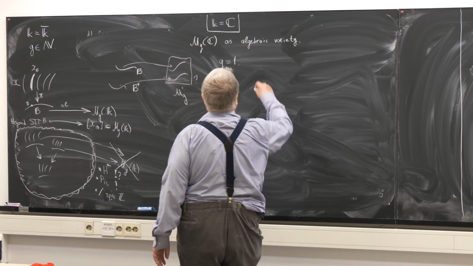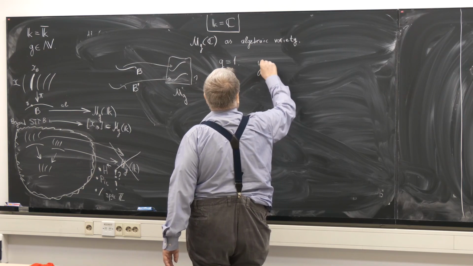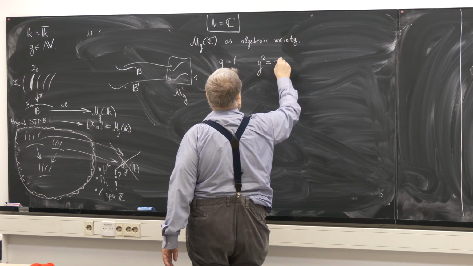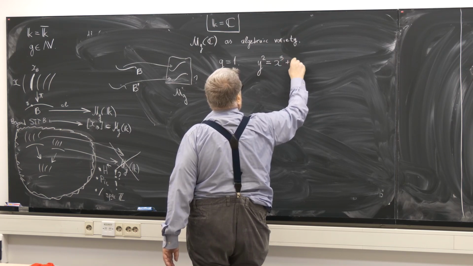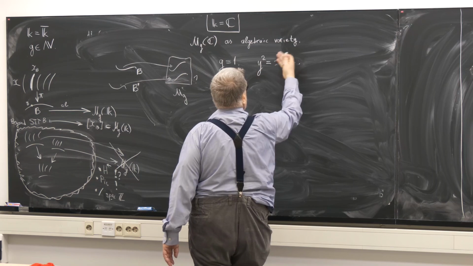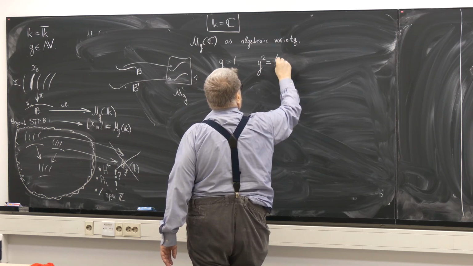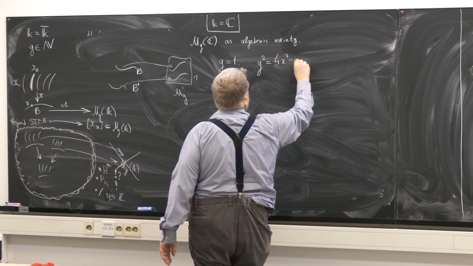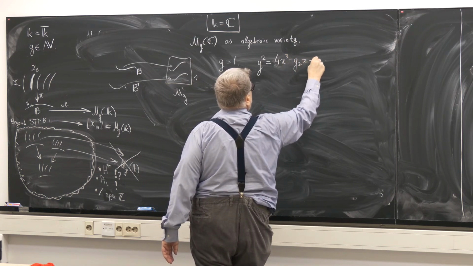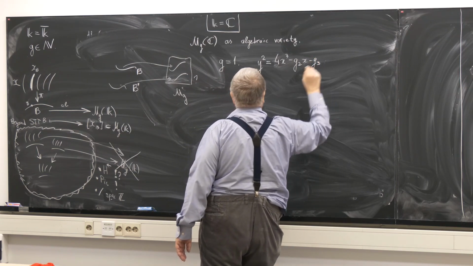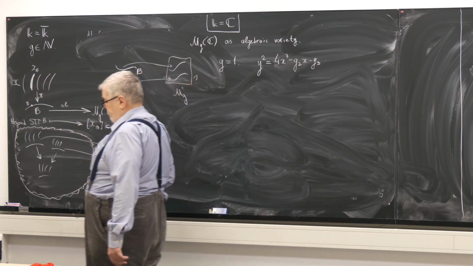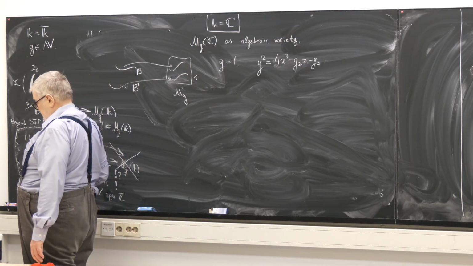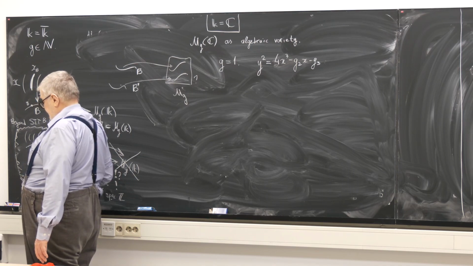So we know that any curve of genus 1 can be defined in, well, this is the classical Weierstrass form.